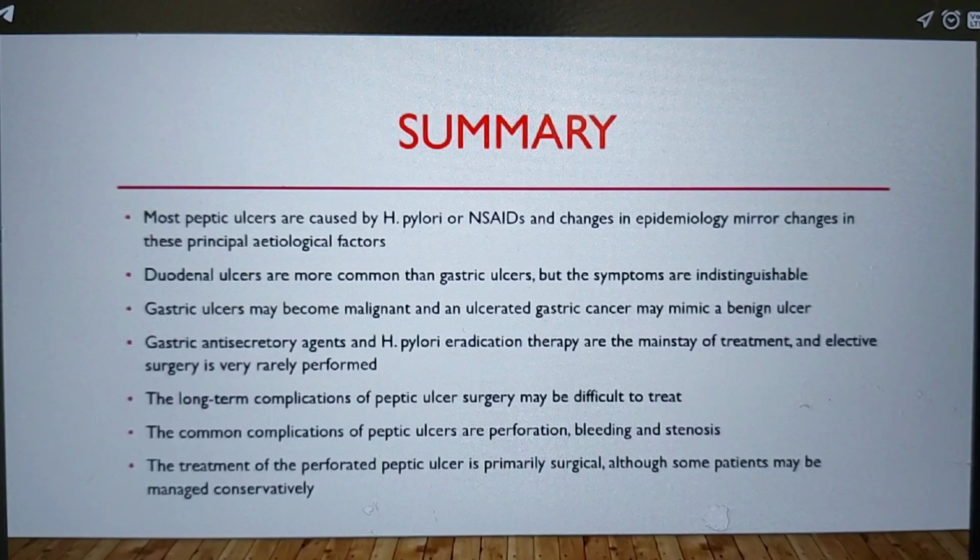Duodenal ulcers are more common than gastric ulcers. However, the symptoms are different. And for gastric ulcers, if we suspect gastric ulcer bleeding, we have to consider malignancy, because ulcerated gastric cancer can mimic a benign ulcer.